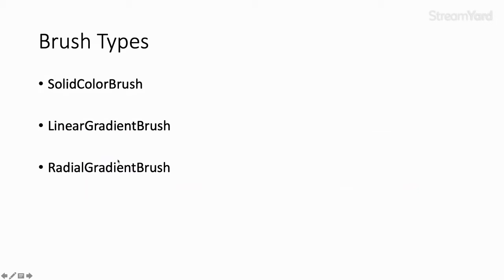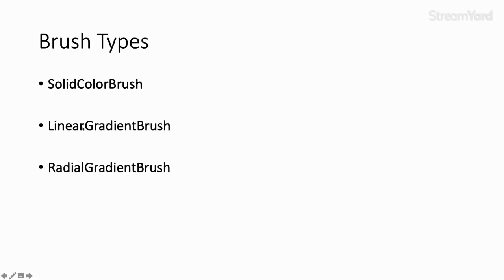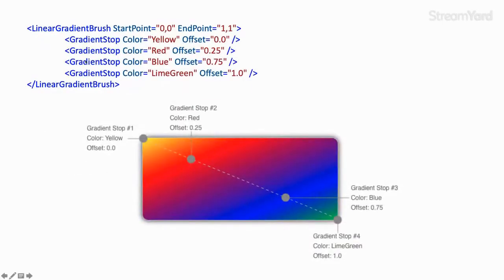Much more powerful. Rather than just using a solid color brush, this is an example of a solid color brush. We can also create some effects: linear gradient brush and radial gradient brush. For linear gradient, this is one of the possible effects.